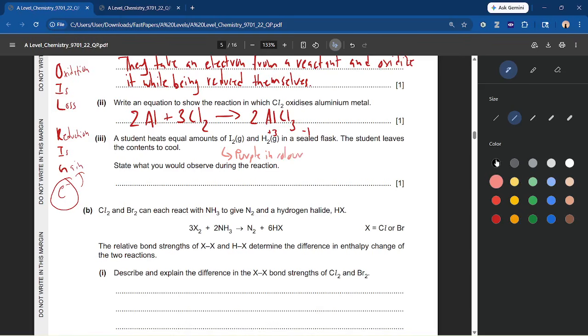But the reaction that happens is H2 plus I2 gives you 2 hydrogen iodide. And this is colorless. So as you're forming hydrogen iodide, you'll notice that the purple color, or you can write gas, slowly disappears.